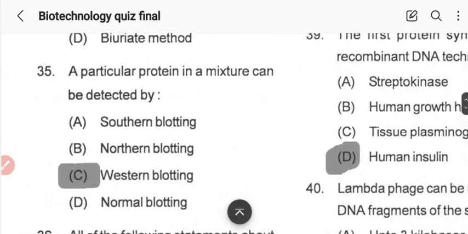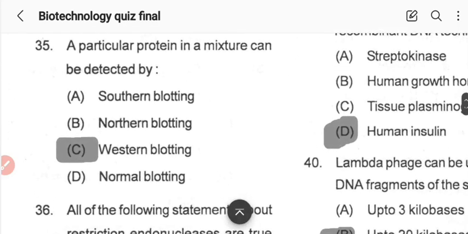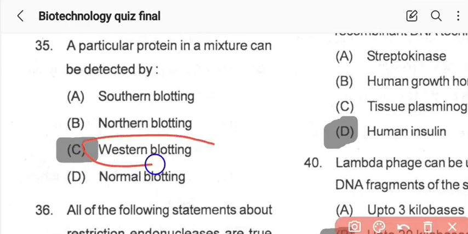Then 35. A particular protein in a mixture can be detected by which blotting technology? Western blotting technology. This is a blotting technology which finds the proteins by utilizing what? Gel electrophoresis, polyacrylamide gel electrophoresis.